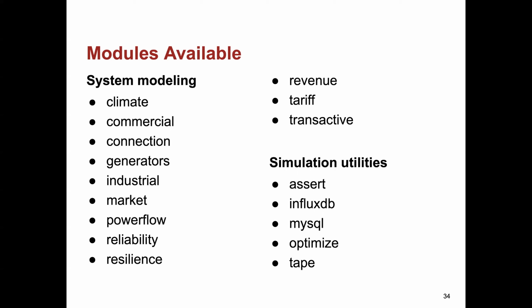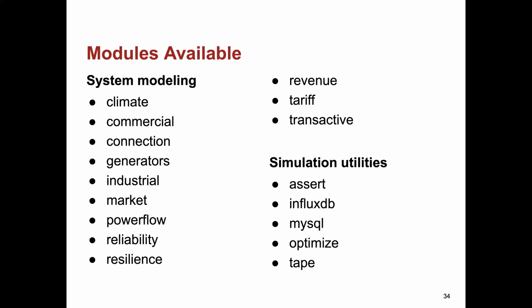PowerFlow solver, which I've mentioned already, which solves the power flow problem for distribution systems. A reliability module, which implements the IEEE 1366 reliability metrics. A resilience module, which implements essentially the DOE GRIP project, the Grid Resilience Intelligence Platform, mostly focused right now on pole resilience, pole infrastructure vulnerabilities, and what's coming also, the influence of vegetation on resilience.